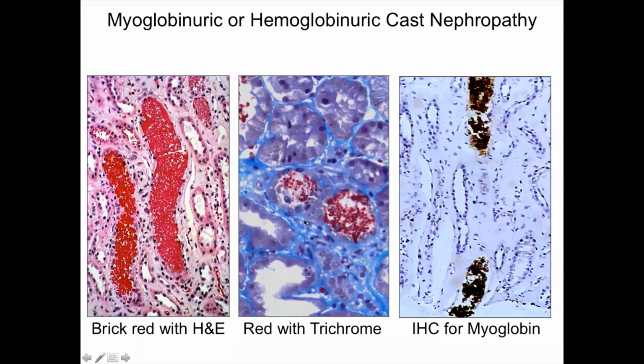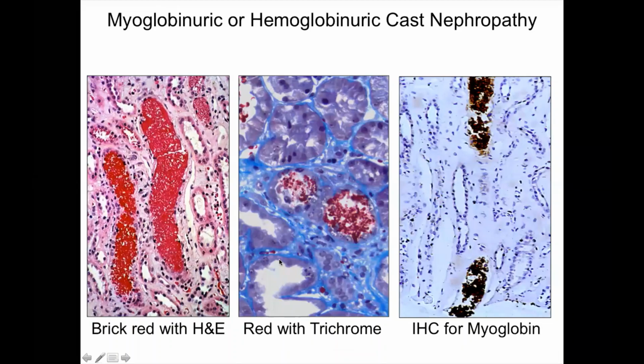They will not be red on trichrome. They will either be blue or dual colored, polycolored, part of them blue, part of them red. So they will be multicolored.